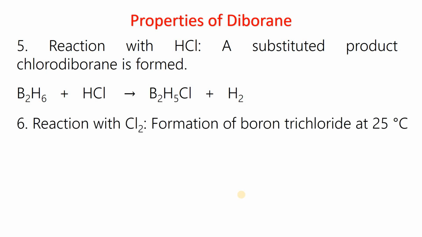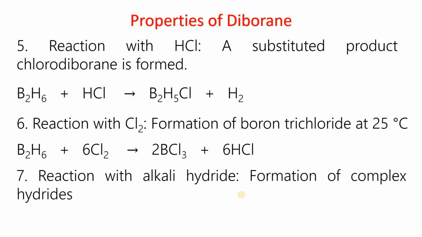The reaction with chlorine. Formation of boron trichloride at 25 degrees centigrade. If we mix the chlorine gas with diborane at room temperature, then what will we get? We get boron trichloride. Then reaction with alkali hydride.